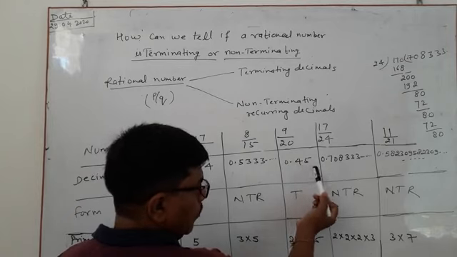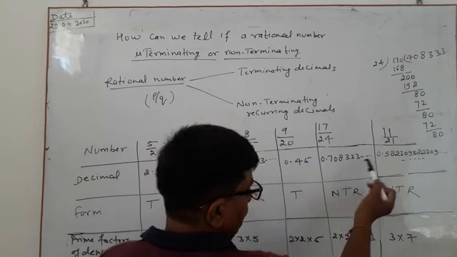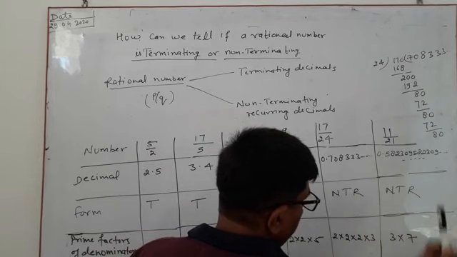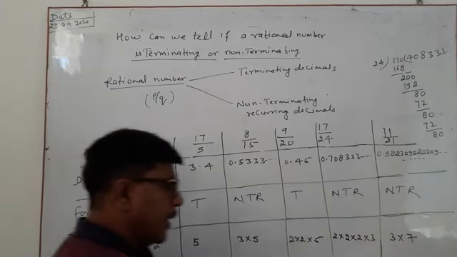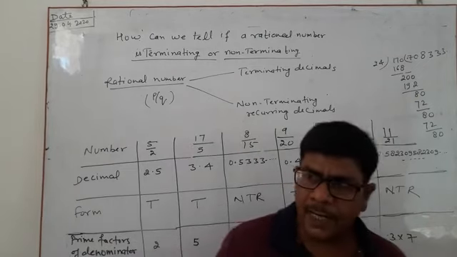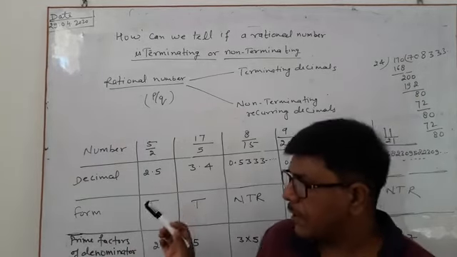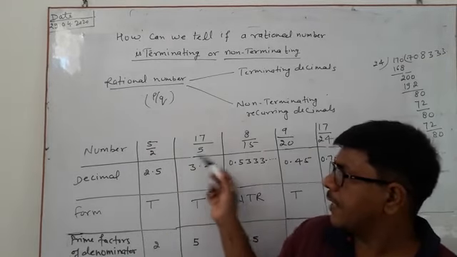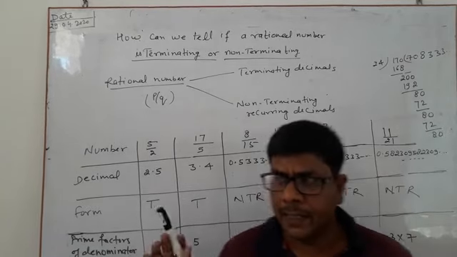This terminates, so we write T. The others will never terminate, so we write NTR, and this also NTR. That is the form. But today my question is, without actual division, how can you say that this fraction is terminating or non-terminating recurring?